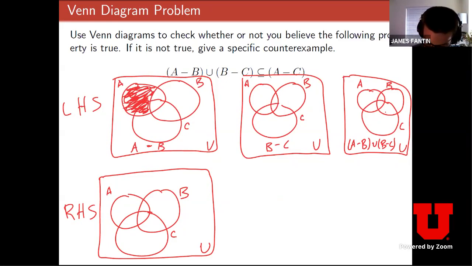Then for B minus C, we'll shade in the region of B, but not any region that's also in C. So we'll have this region shaded in. And then the union of these two, we'll just shade in both of these areas.